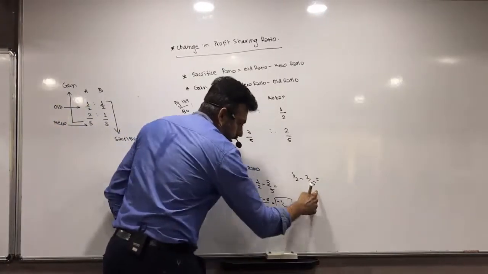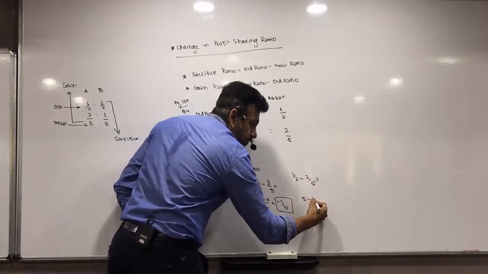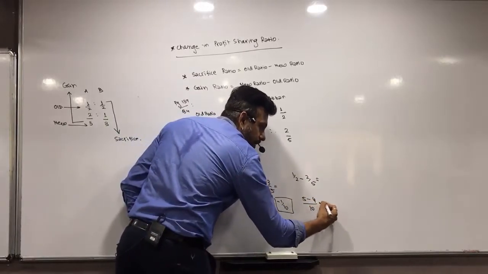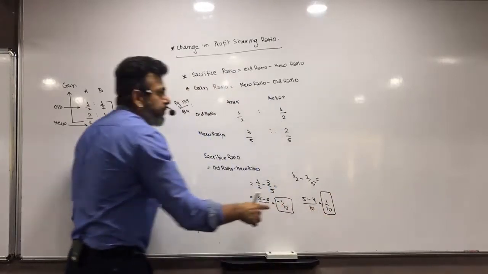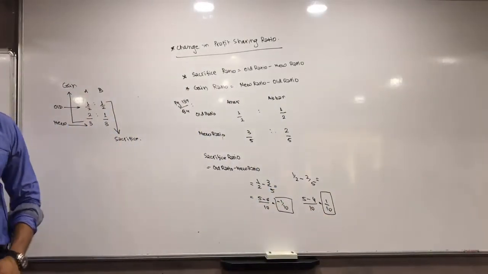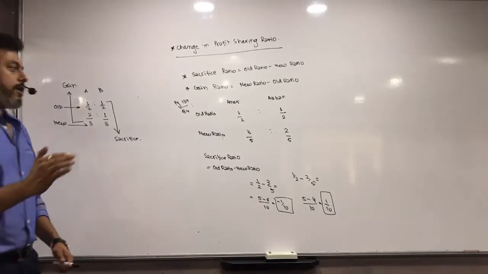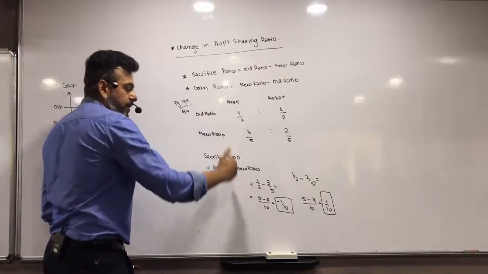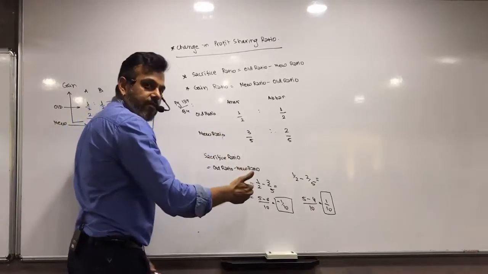Over here, again cross multiply. 5 ones are 5, 2 twos are 4, upon 5 twos are 10, is equal to 1 upon 10. So this person Akbar is sacrificing. Understood this, all of you? Okay. If old is given and sacrifice is given, can you find the new ratio? This type of question can come.